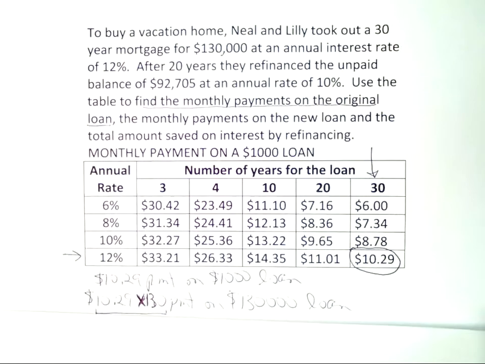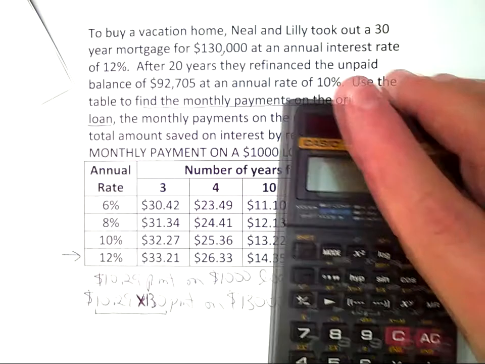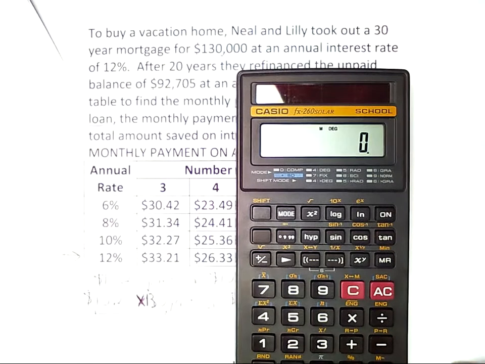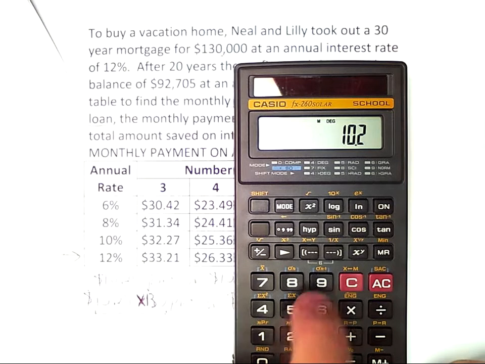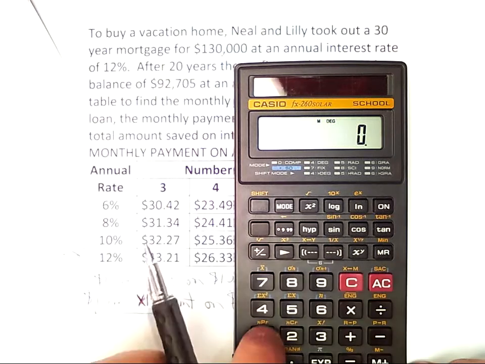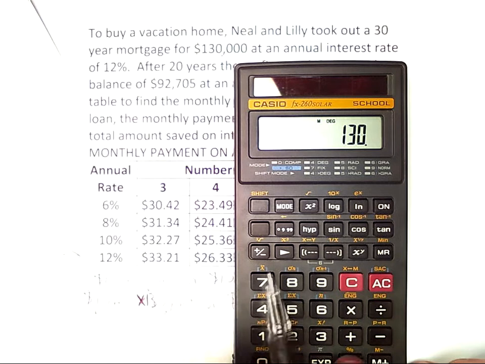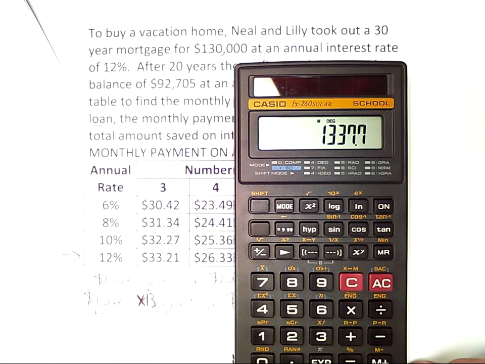Now let's do that. So if we take 10.29 and times it by 30, we get, not by 30, by 130. If we take 10.29 and times it by 130, we get $1,337.70.